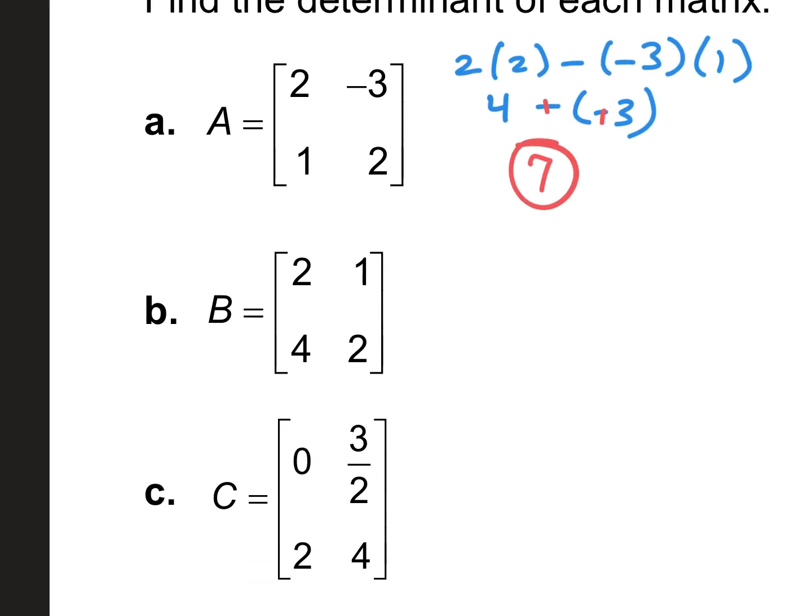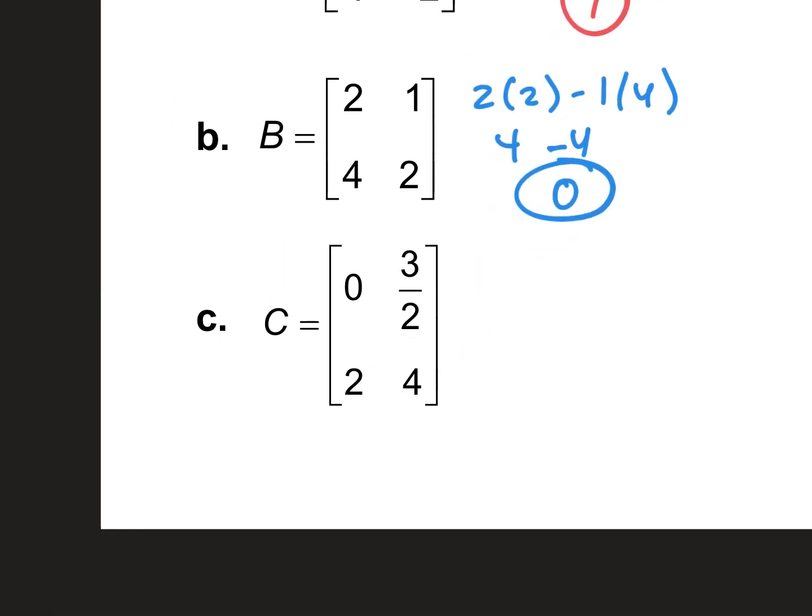So in this case, this is a 2x2, so you're going to find your determinant. It's A times D, so 2 times 2, minus B times C, so 1 times 4. 2 times 2 is 4, minus 4. What's your determinant here? 0, okay. And then the last one, you have a fraction, no big deal. Still the same thing, A times D, so 0 times 4, minus B times C, so 3 over 2 times 4.